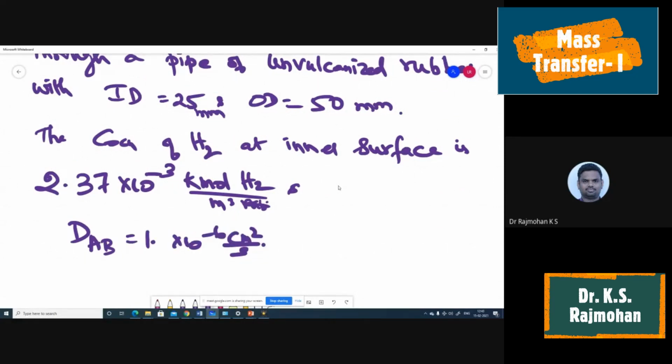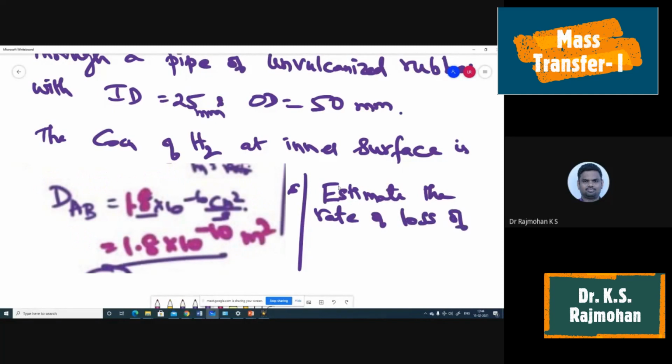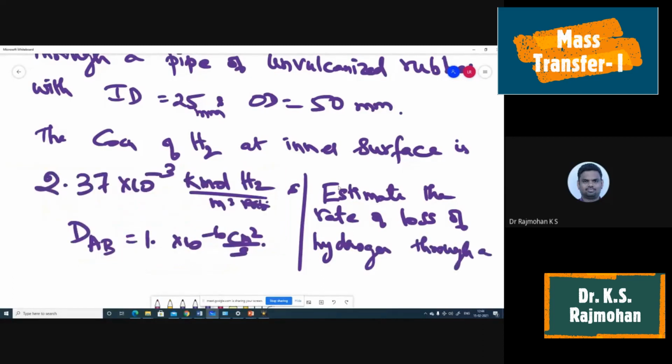Estimate the rate of loss of hydrogen through a pipe of 2 meters length.